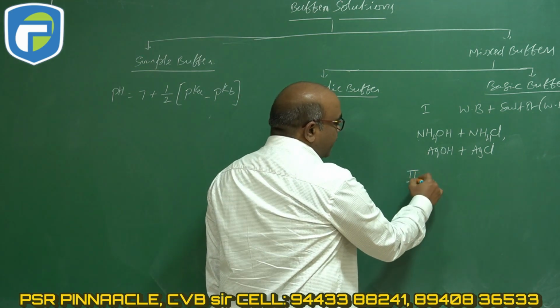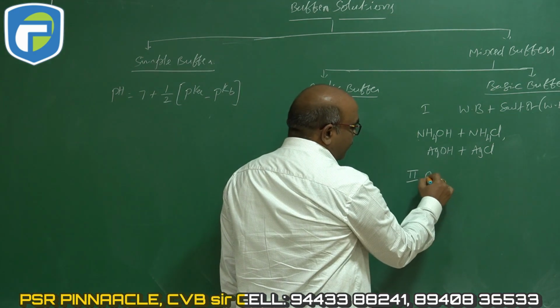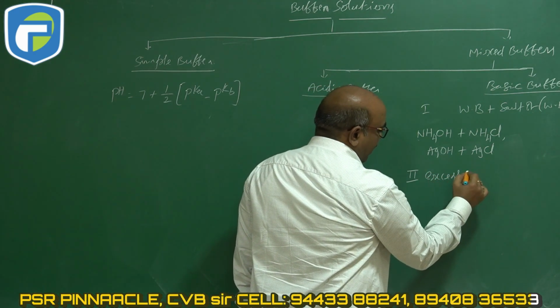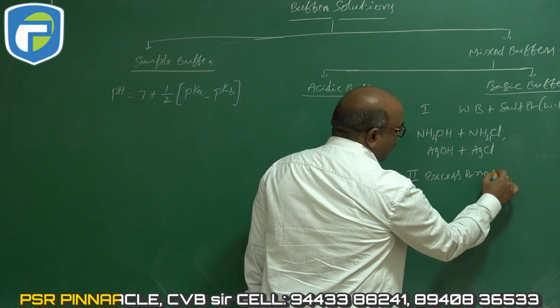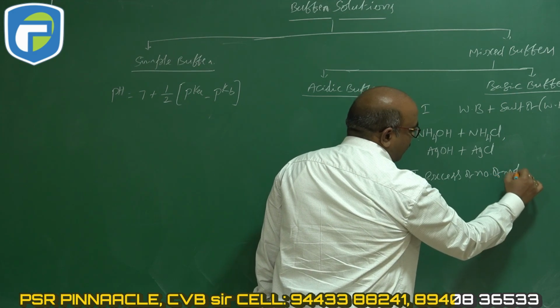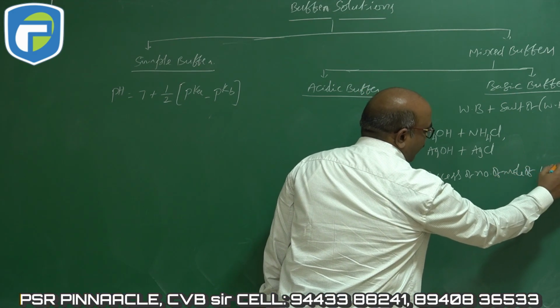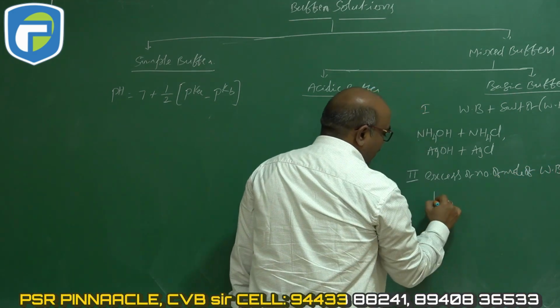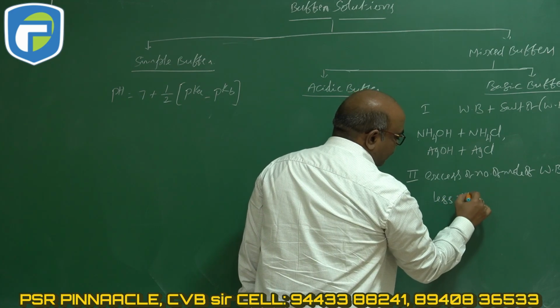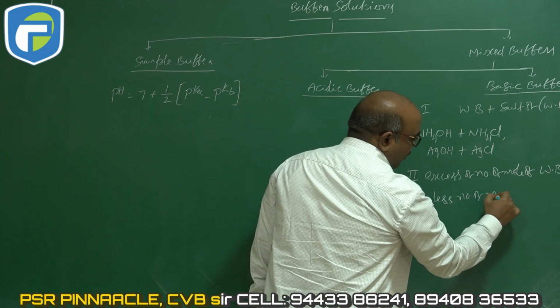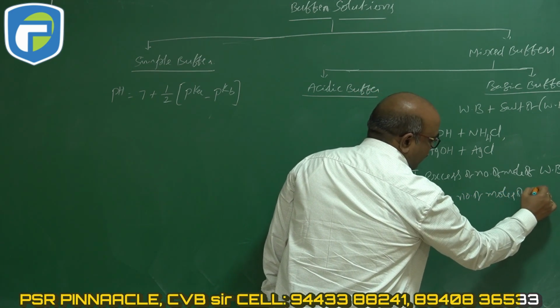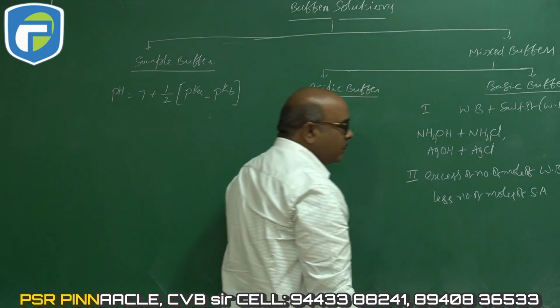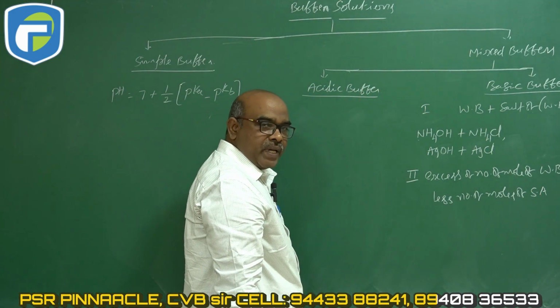So in case 2, it is prepared by an excess number of moles of weak base plus a less number of moles of strong acid. This also acts as a basic buffer.